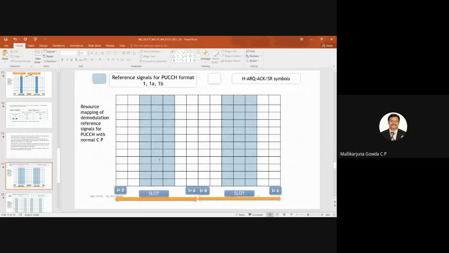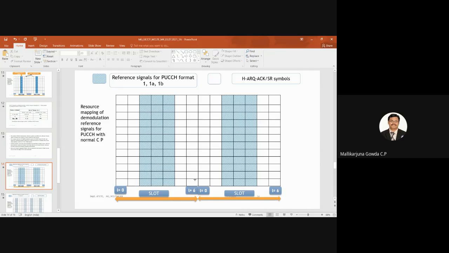So it is shown here. So this is symbol 0, first symbol, then 2, 3, 4, which is highlighted, right? So these three OFDM symbols will be used by the reference signal for the PUCCH format 1, 1A, 1B. Okay, this is for slot 1 and this is for the next slot.